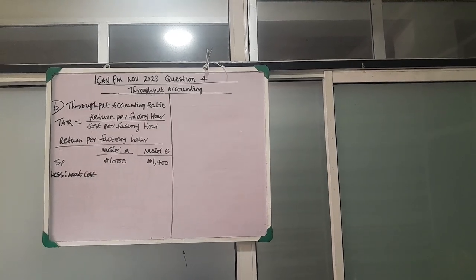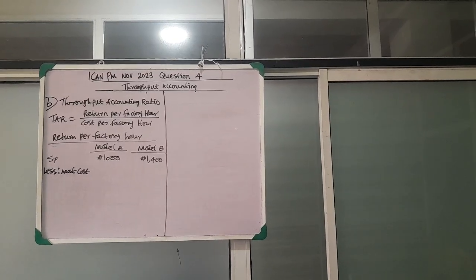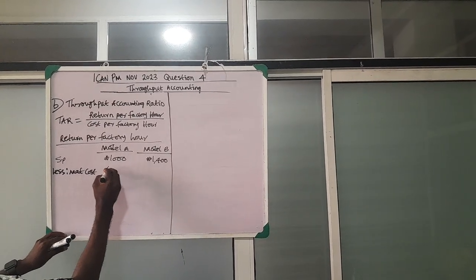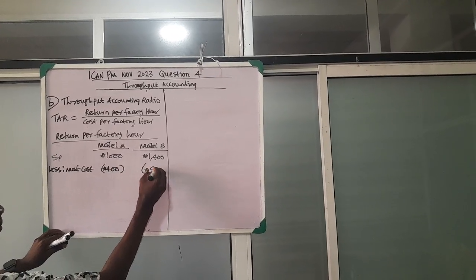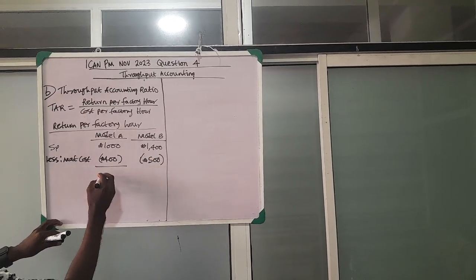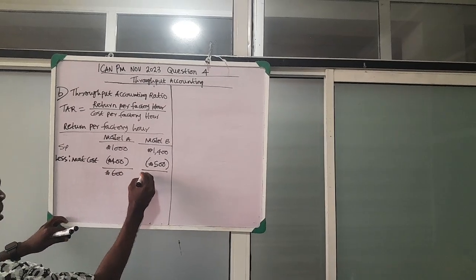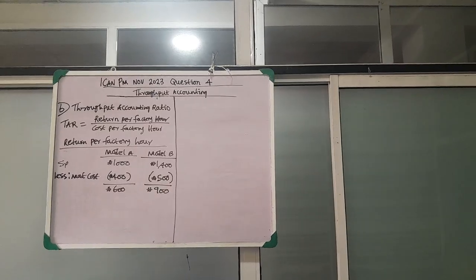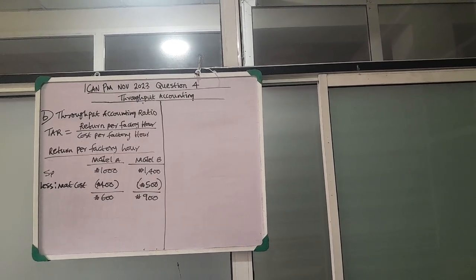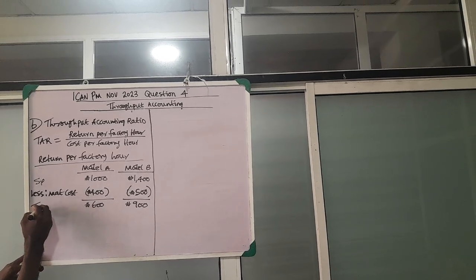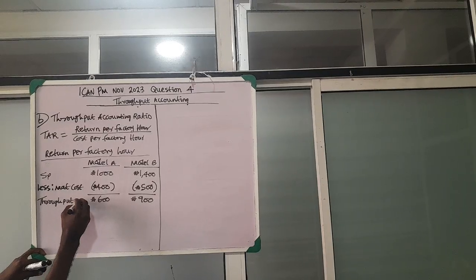Material costs, we have 400 for model A and 500 for model B. So I will less 400 here, then less 500 here. If I less this, I will be having 600, then here, I'll be having 900. Now, this value that I have is what we call the throughput per unit.